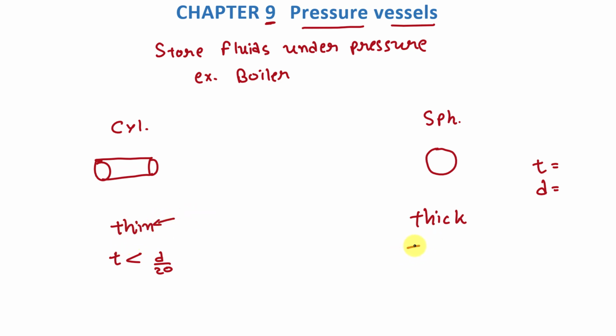And if the thickness of pressure vessel is greater than or equal to D by 20, then the pressure vessel is called as thick pressure vessel. So actually here we can say that diameter by thickness is greater than 20, right? And here we can say that diameter by thickness is less than or equal to 20.